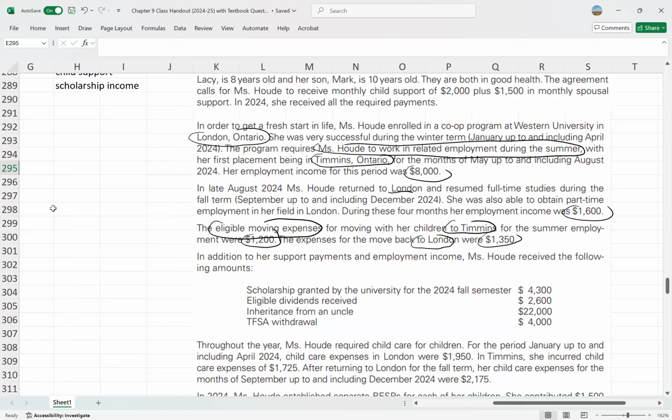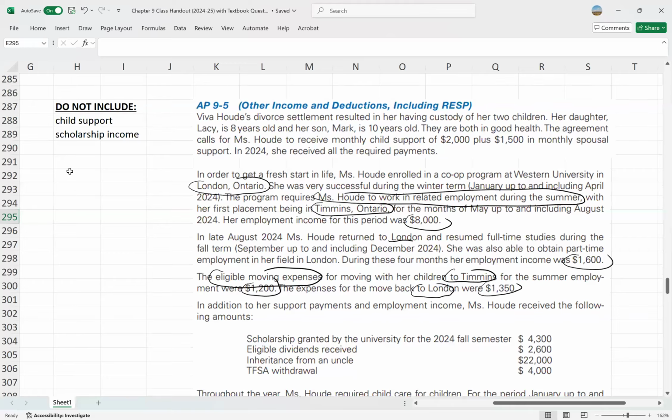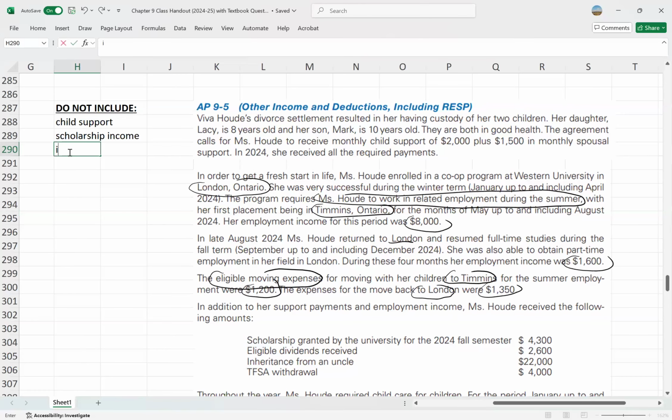Now, the estate may have to pay tax before it distributes money to all the heirs. But if you are the one receiving an inheritance here in Canada, that is not taxable. Remember, we said TFSA withdrawal. That is also not taxable as well. So we will not include the inheritance. And we will also not have to include the TFSA withdrawal.